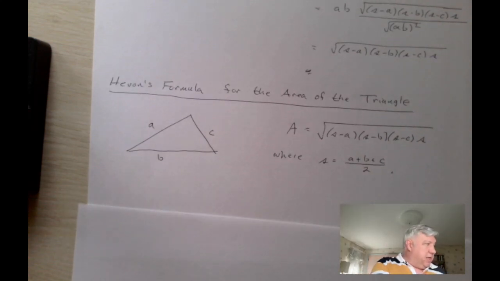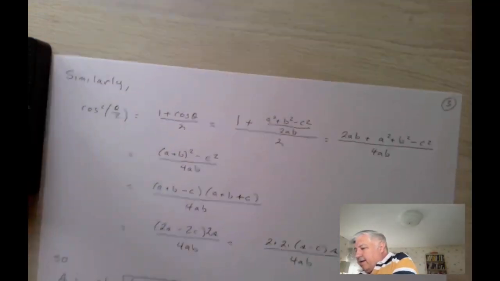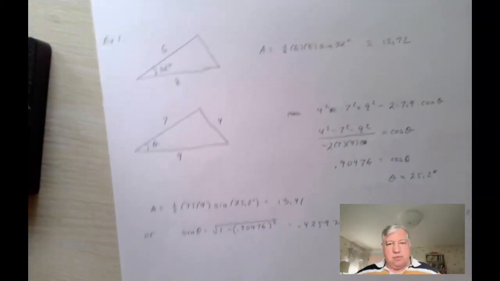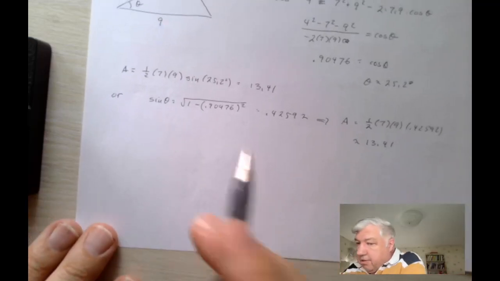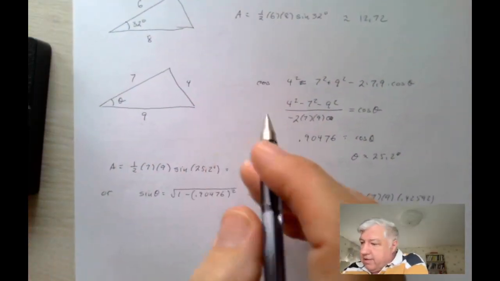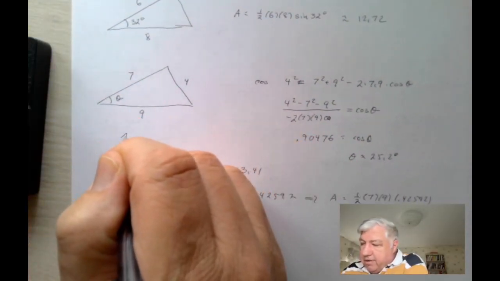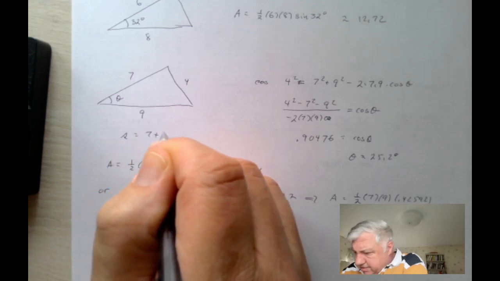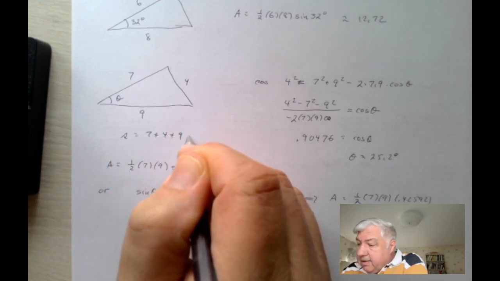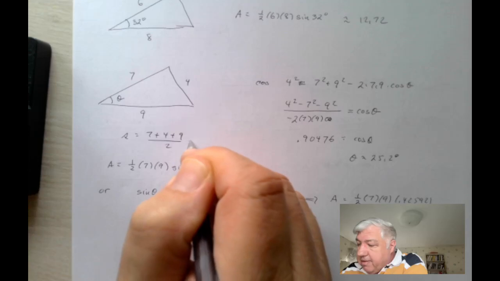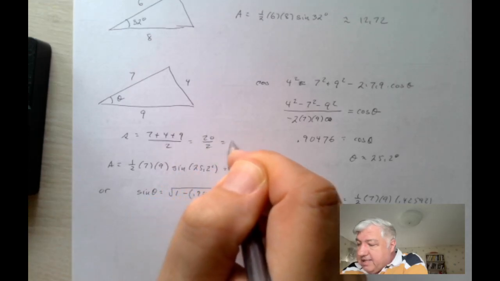And just for good measure, if we wanted to go back and use Heron's formula for our second example, here the semi-perimeter would be 7 plus 4 plus 9 divided by 2. Well, that's 20 divided by 2, that's 10.